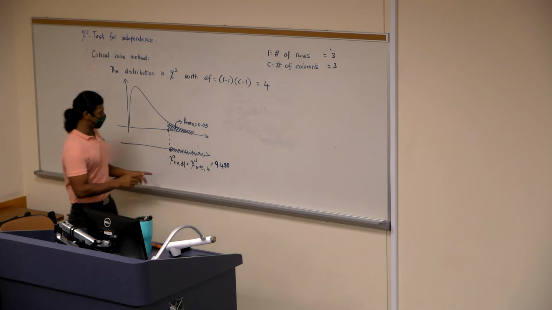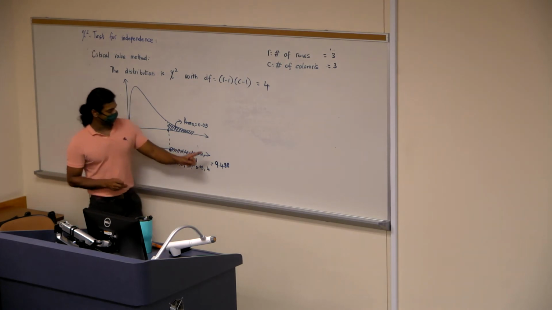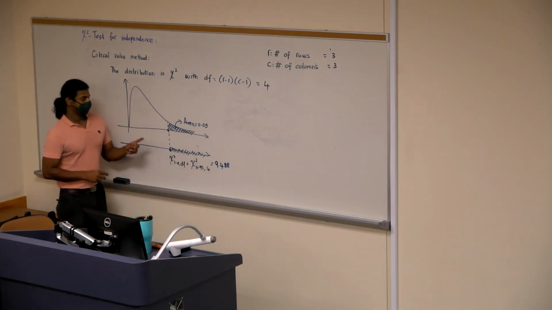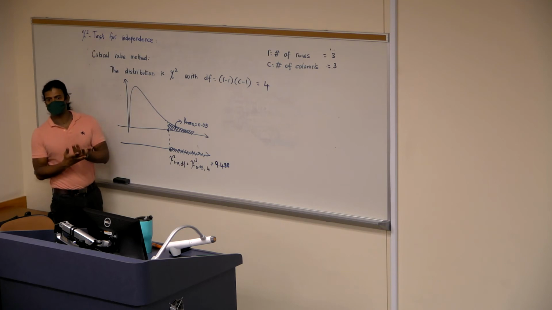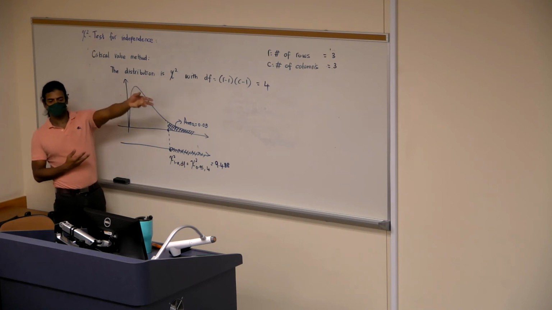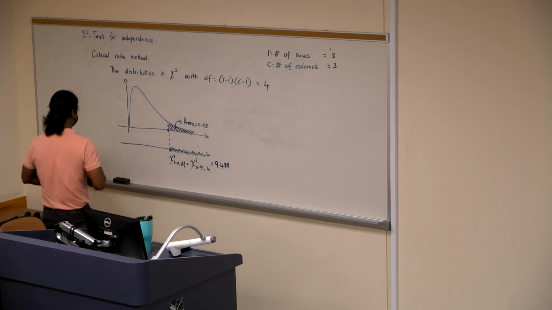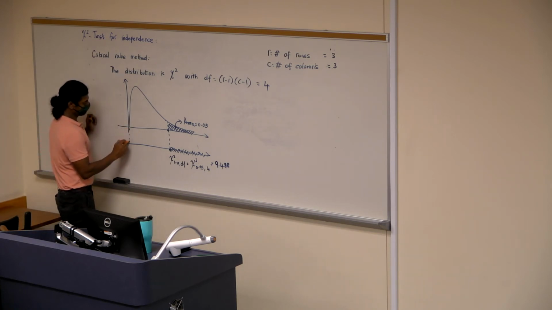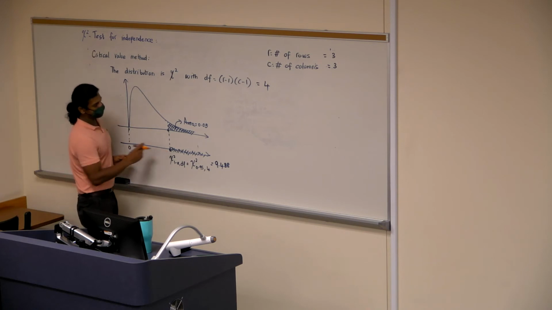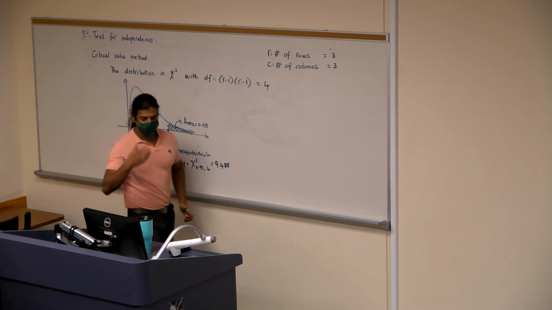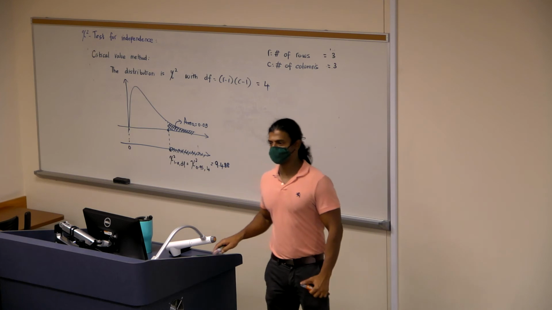So we found the critical value to be 9.488, and what is our test statistic? The test statistic is 42.427. So 0 is right over here. That point is 9.488, and where should 42.427 be?